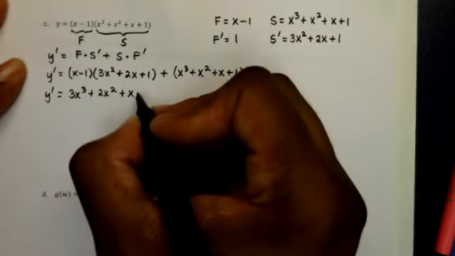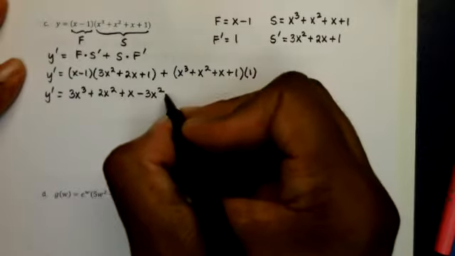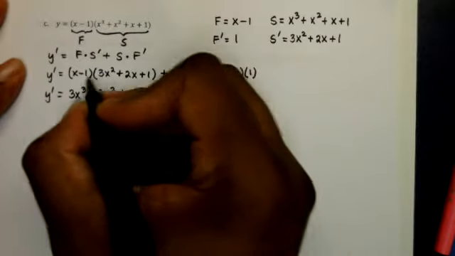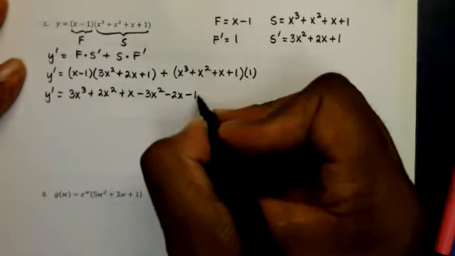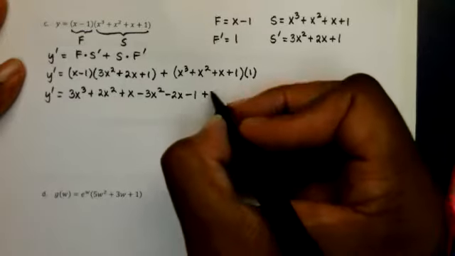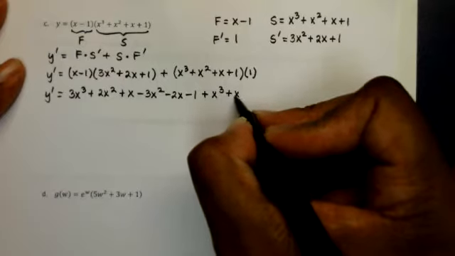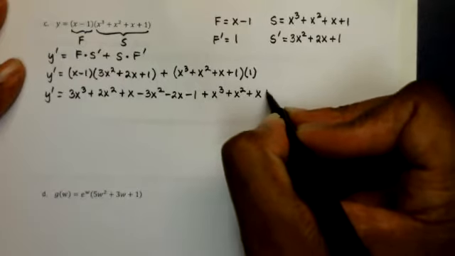Minus 1 times 3x squared will be a minus 3x squared. Minus 1 times 2x will be minus 2x. Minus 1 times the plus 1 will be minus 1. And then plus 1 times everything here will be everything you see here. The x cubed plus x squared plus x plus 1.